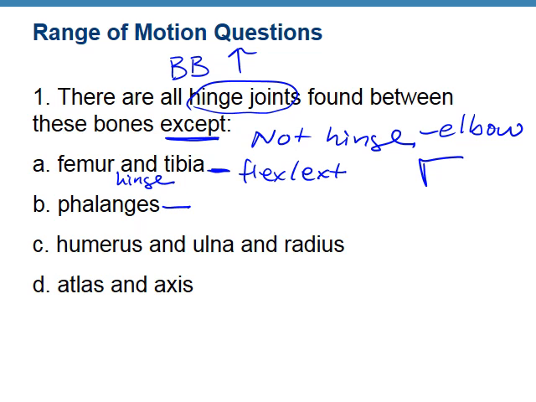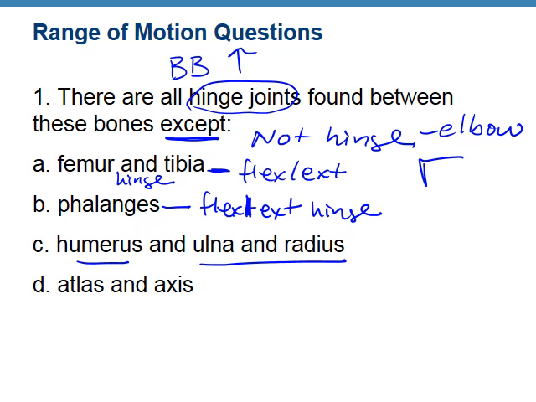Phalanges. Be careful. This is not between your metacarpals and your phalanges. This is not your metacarpophalangeal joint. Between your phalanges, they're talking about the distal, middle, and proximal phalanx. So just at the tip of your finger, this is still only flex and extend. So this is a hinge.